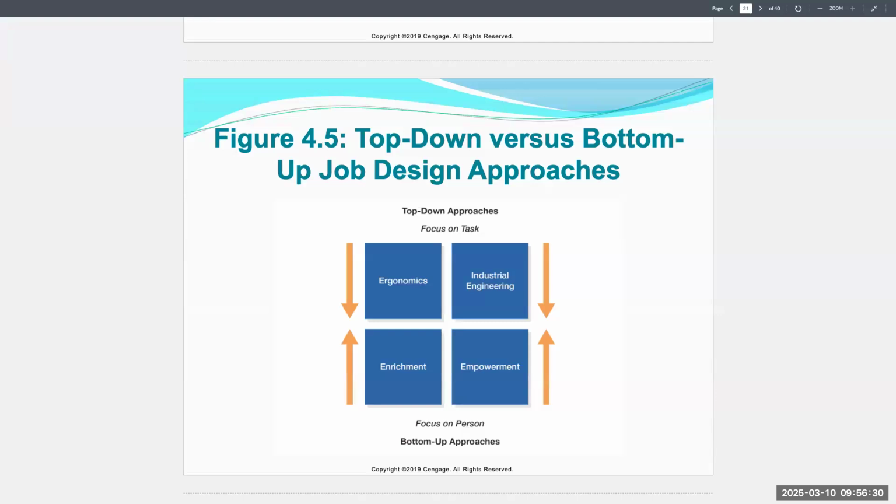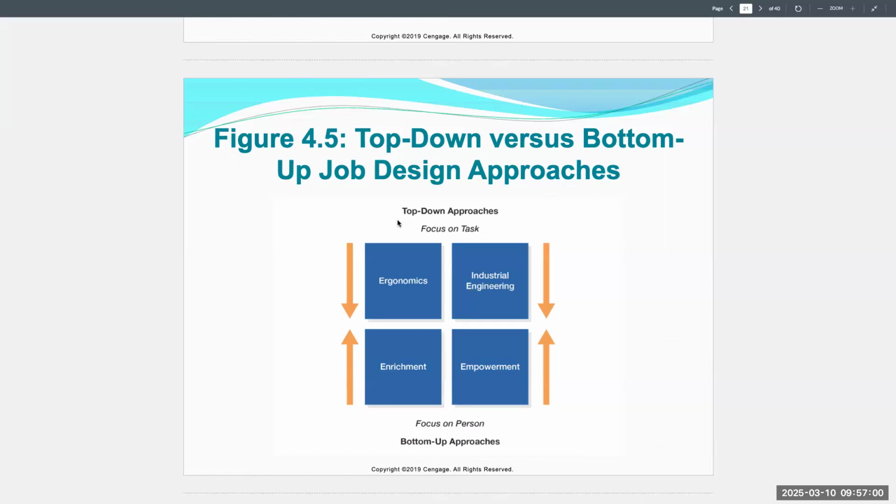Okay, so top-down, really quickly, the top-down approach focuses on ergonomics, so designing jobs to minimize physical strains and workplace injuries, and then industrial engineering, standardized work processes for efficiency and productivity. And so essentially what we have is top-down focuses on the task, bottom-up focuses on the employee.